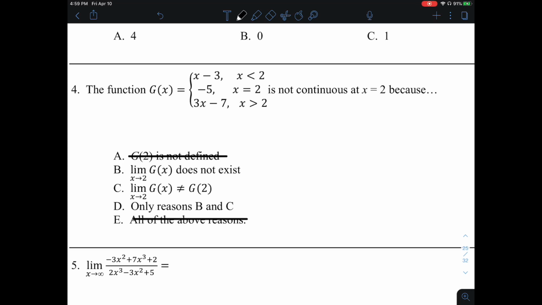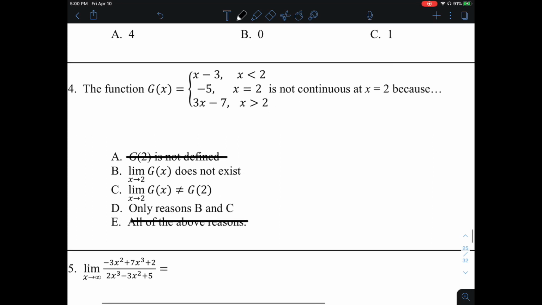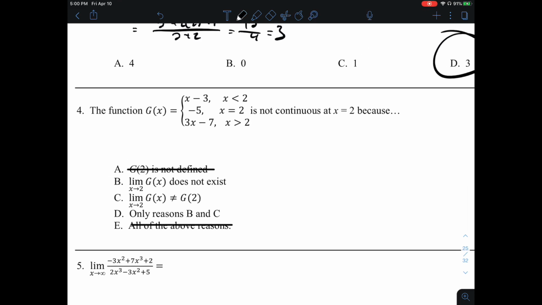Does the limit exist? Well, let me tell you this right now. Well, let me not tell you this right now. Let's continue. So what's the left-sided limit? If we approach 2 from the left, that would be negative 1.